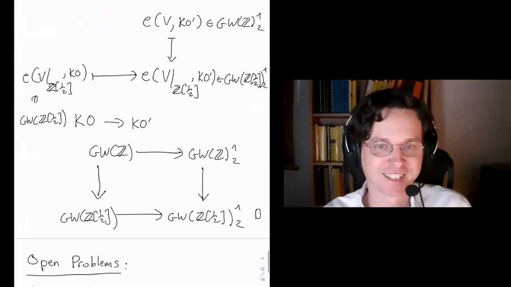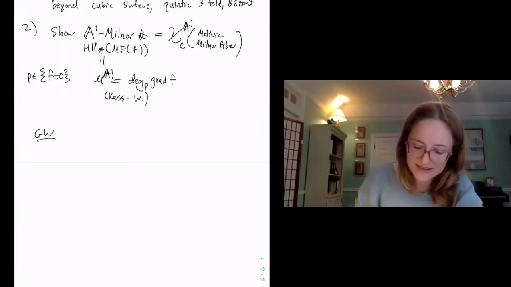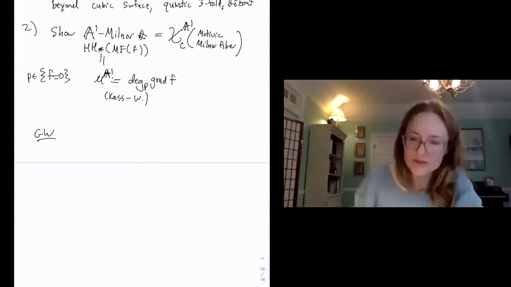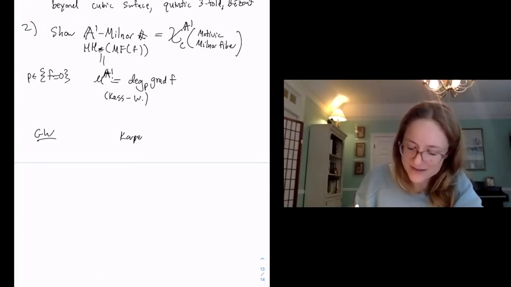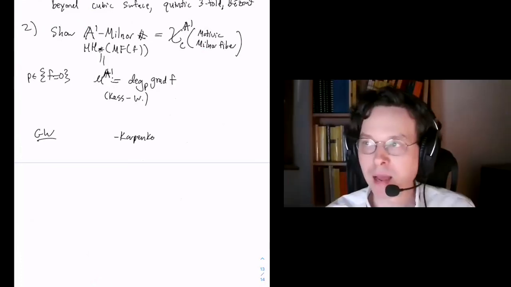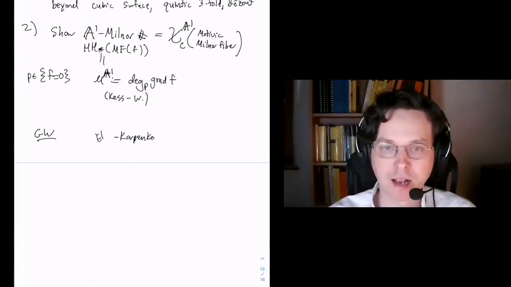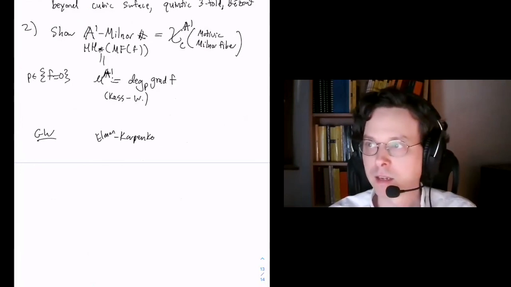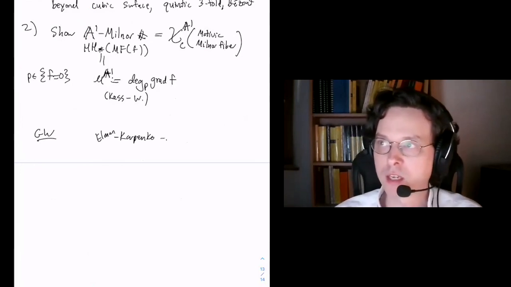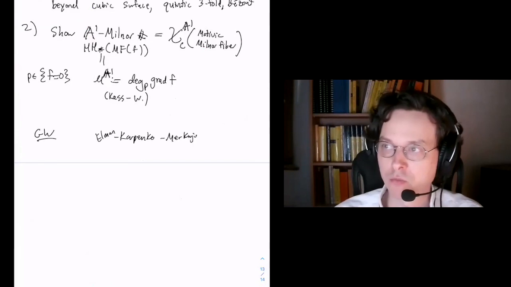I think GW with an underline is great. Could you tell me again? Elman, Karpenko, Merkurjev, The Algebraic and Geometric Theory of Quadratic Forms.